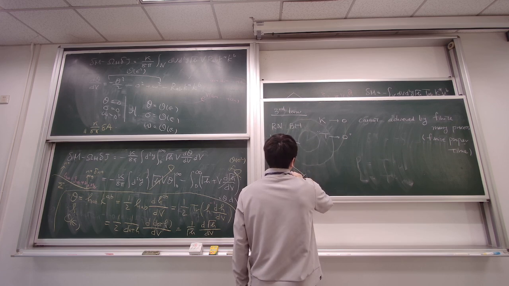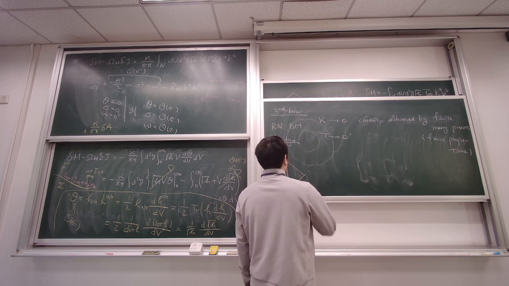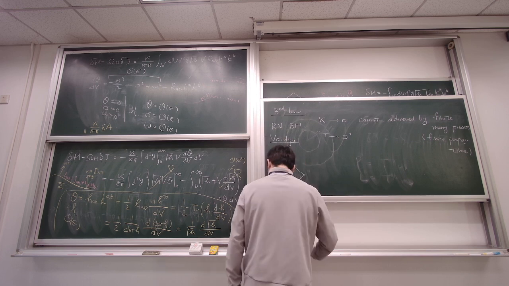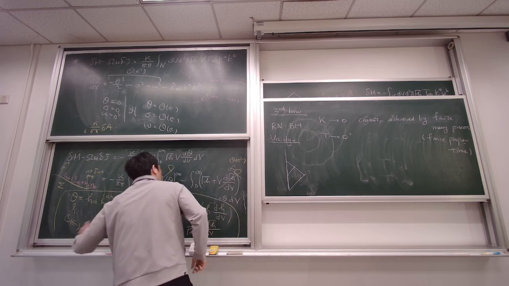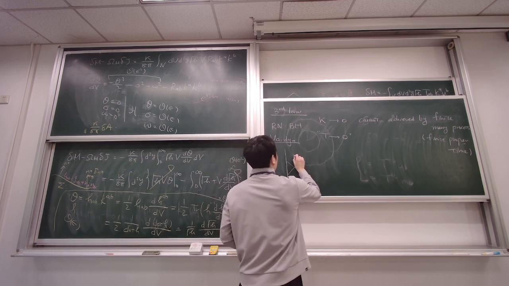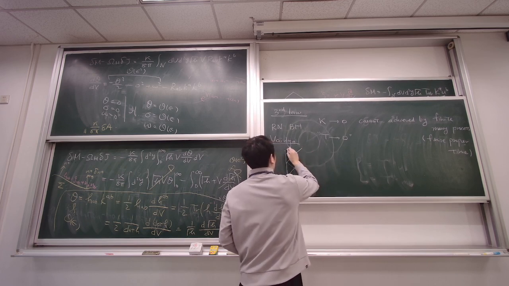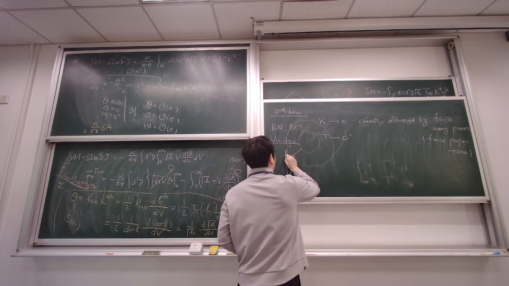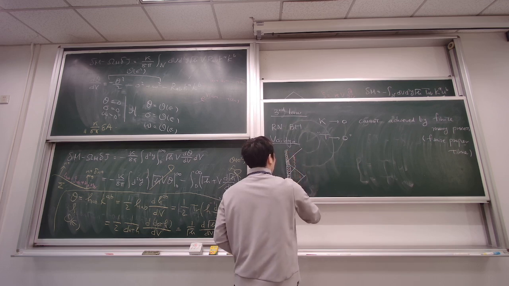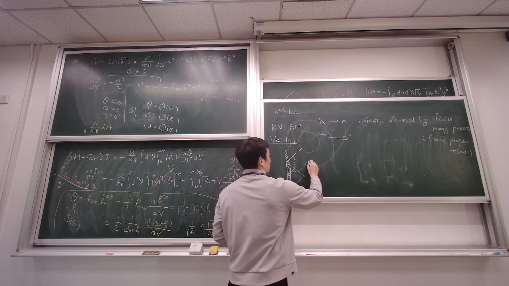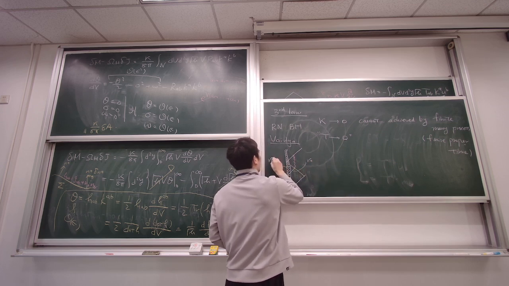I don't remember how to draw it, to be honest. Yeah, this should be okay. Like this way, and then there is a matter star that is charged. And this is a horizon, this is the horizon R plus, and this is the horizon for R minus.